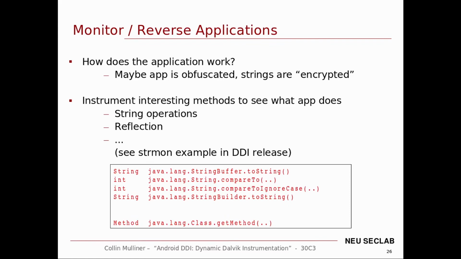Those are the interesting points in the application. And then of course the get method, which is used in reflection, so you can see what methods are being used. Very, very simple demo. I have something more later on too.